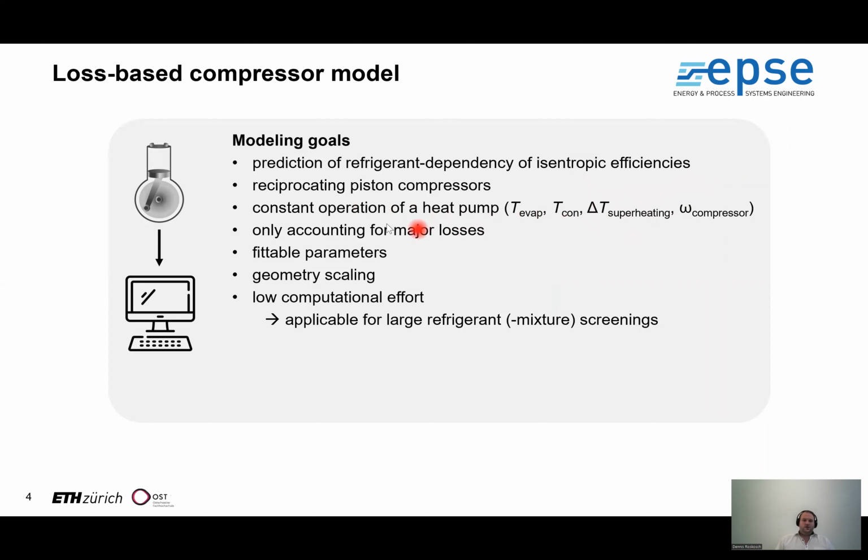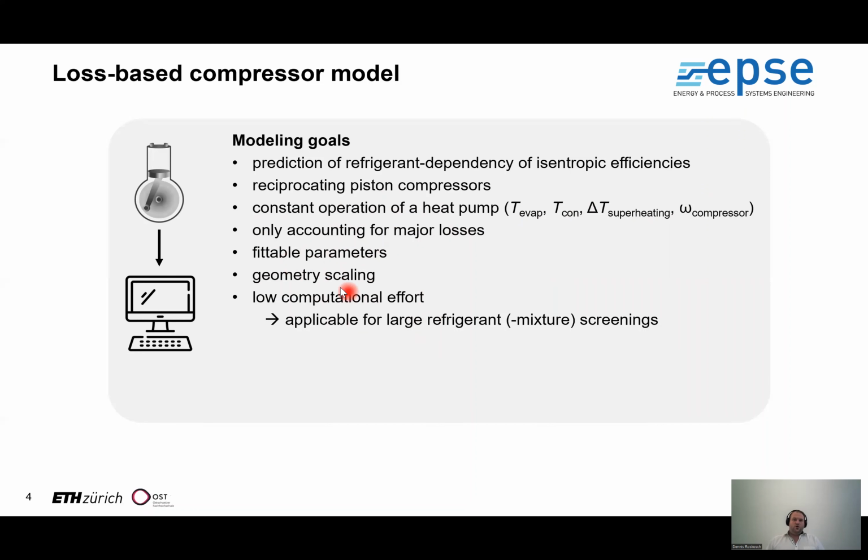The model shall account only for the major losses, which shall be described by physical equations and fitting parameters. And the model shall be applicable to different compressors with different geometry without the need of refitting the parameters.